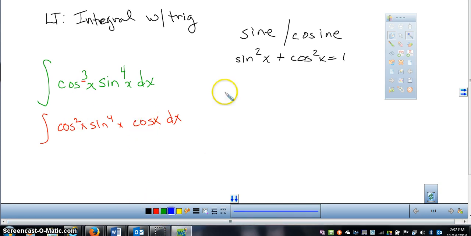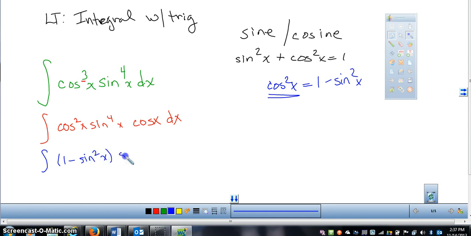Then I'm going to use this little fact over here. Cosine squared of x is the same as 1 minus sine squared. So instead of putting cosine squared in, I'm going to put in 1 minus sine squared. So I get 1 minus sine squared times sine to the fourth of x times cosine of x.